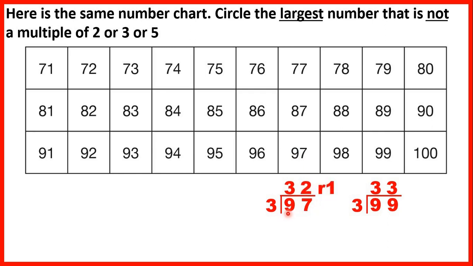So when we divide 97 by 3, we get a remainder, and that tells us that 97 is not in the 3 times table. It's not a multiple of 3. So 97 is the largest number on this chart that is not a multiple of 2 or 3 or 5.